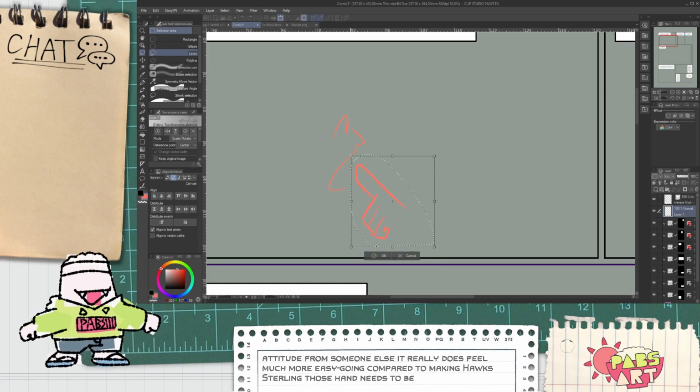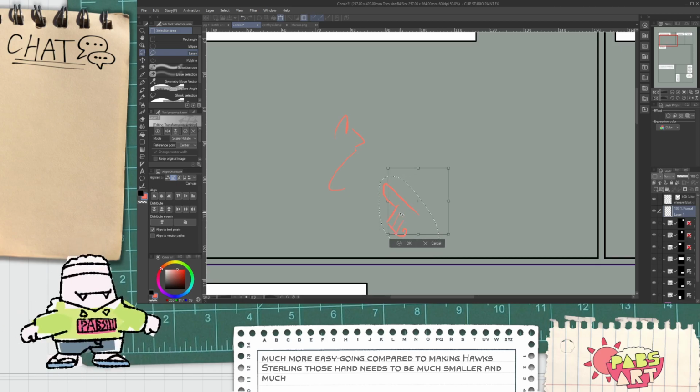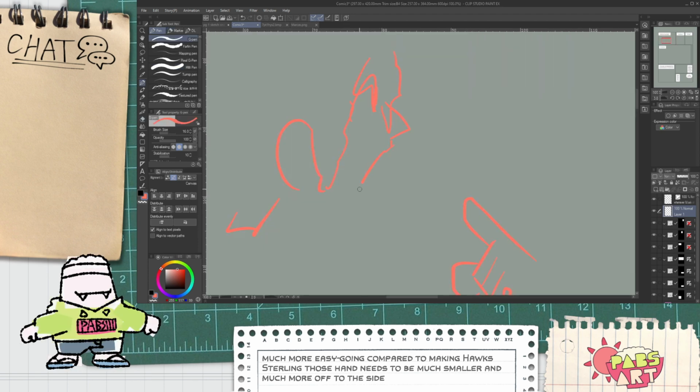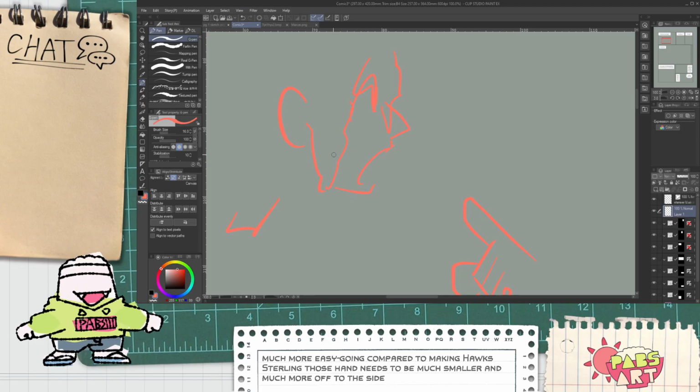This hand needs to be much smaller and much more off to the side. Good. I had to mute there because I sneezed.